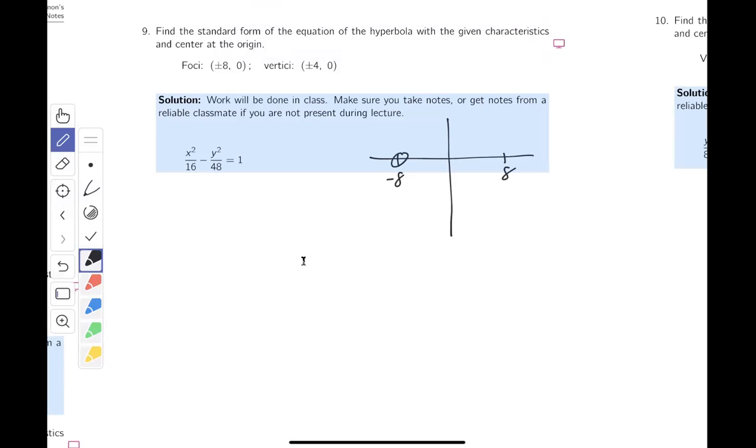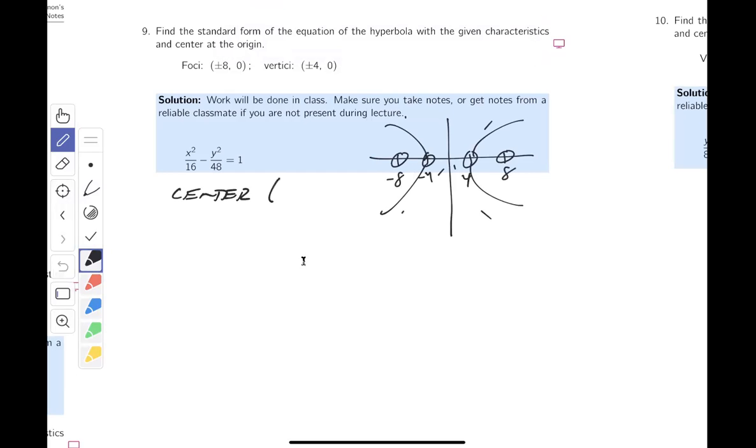These are the foci. And I've got vertices at plus or minus 4. That's not so bad. I'll put minus 4 and 4. And I have a pretty good idea that this thing looks roughly like this over here, with asymptotes, sort of like this. The other question is, what are you going to write down? Well, they want the standard form. So I'm going to put the center down for you. And what's the center?